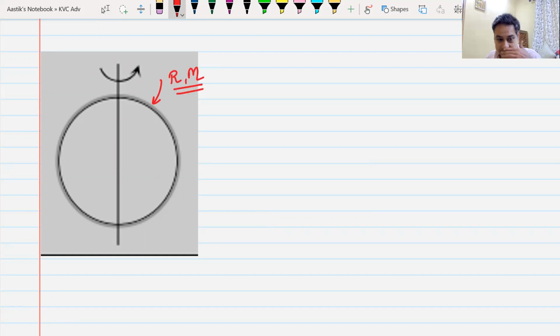This is also a diameter. mr square by 2, sir. mr square by 2. Everyone understands this?